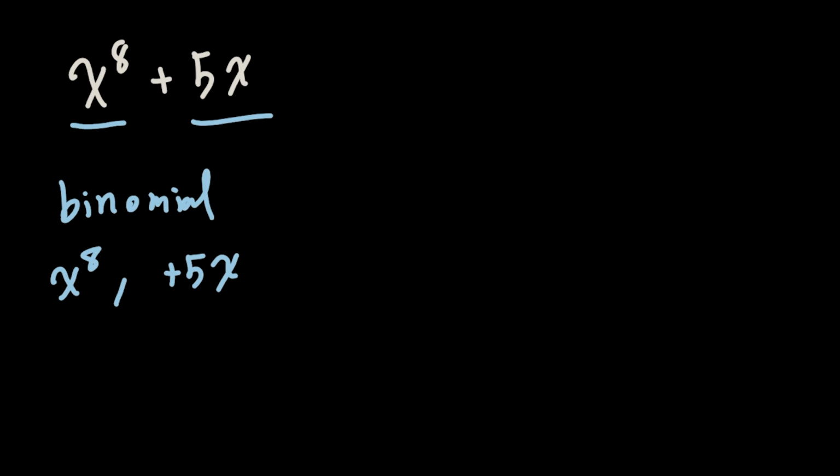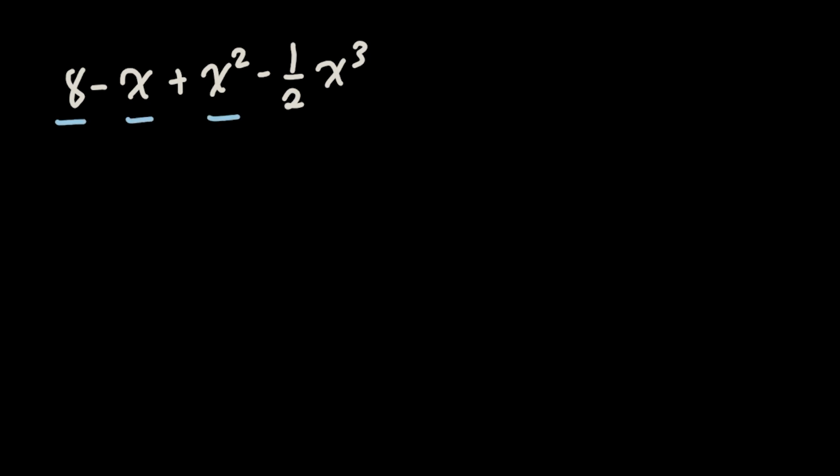And the degree for this polynomial, or binomial, is 8, because we have here power 8 and here we have power 1. 8 is greater than 1, so the degree is 8. Okay, let's see the next case.